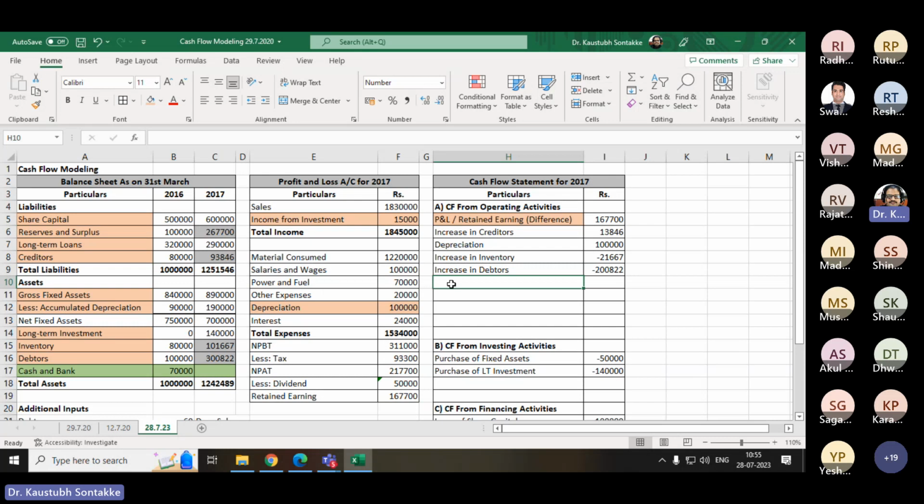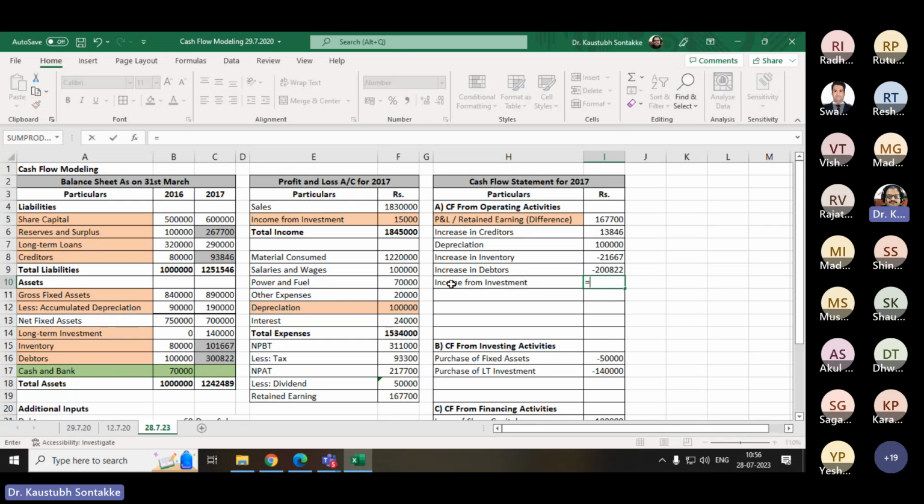So you can come to cash flow from operating activity and write income from investment. I want to minus it from operating activity.